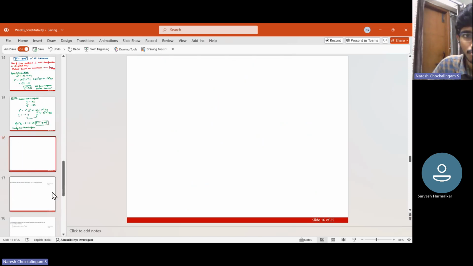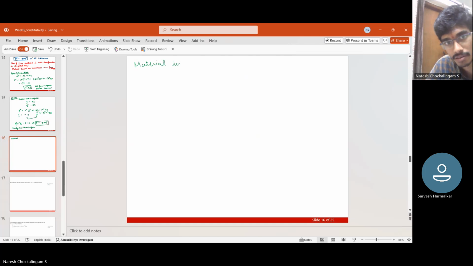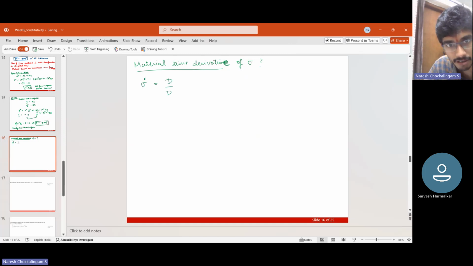What about the material time derivative of sigma? You know sigma dot is defined as d by dt of sigma. Now let us look at sigma star dot.